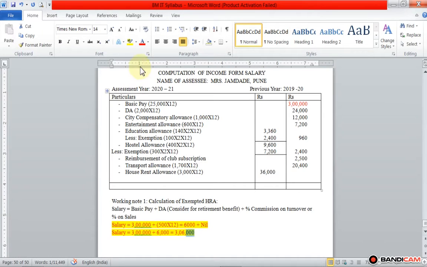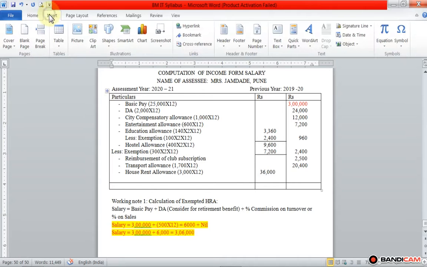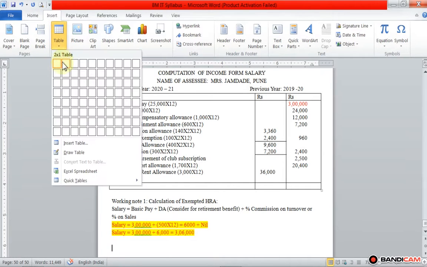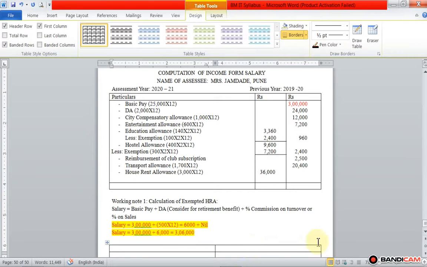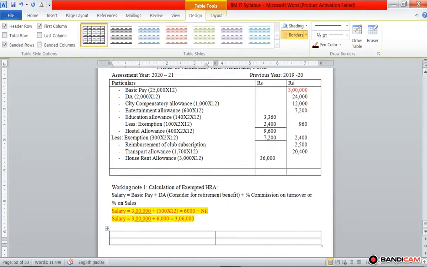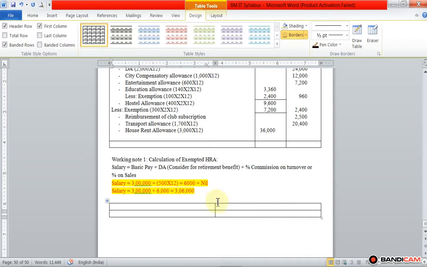Now we compute the exempted HRA by preparing a two-column table: particulars and rupees.